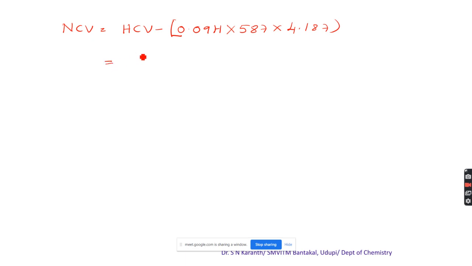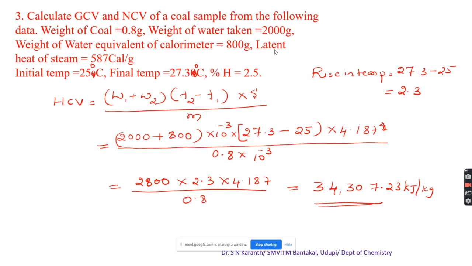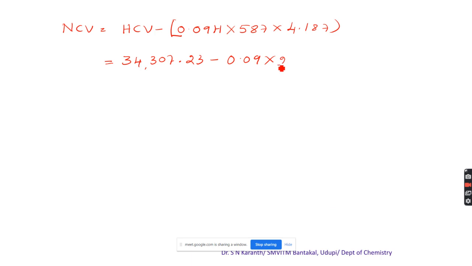So 34,307.23 minus 0.09 into the percentage of hydrogen given, 2.5, into 587 into 4.187.